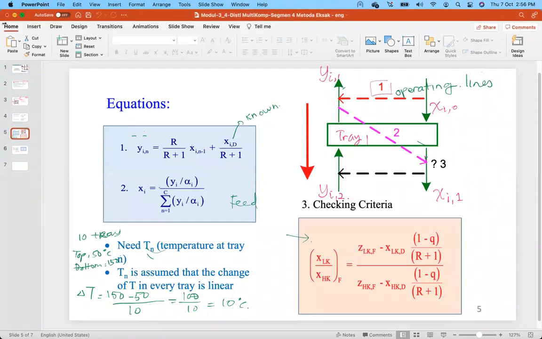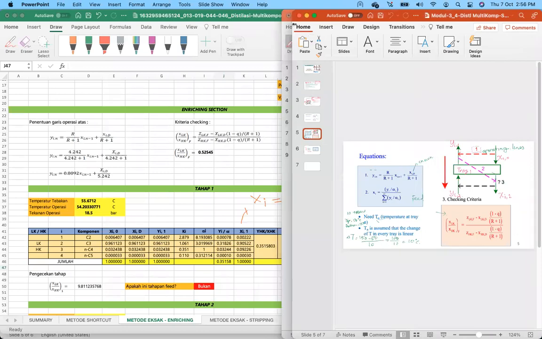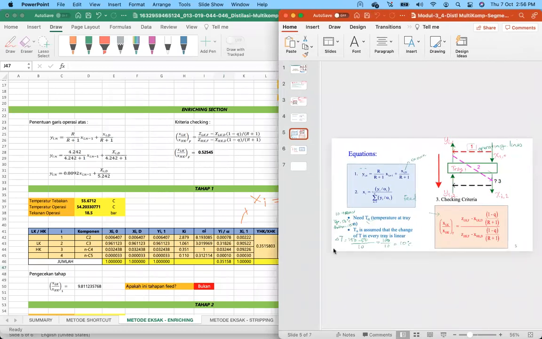This is the criteria to get the Xi. The Xi is Yi divided by alpha I, divided by the summation of them, and then we get the X from the calculation result.